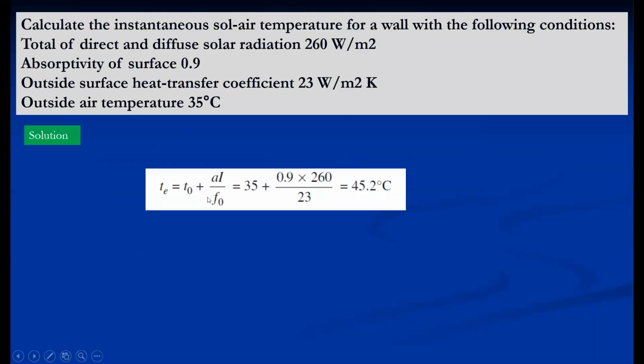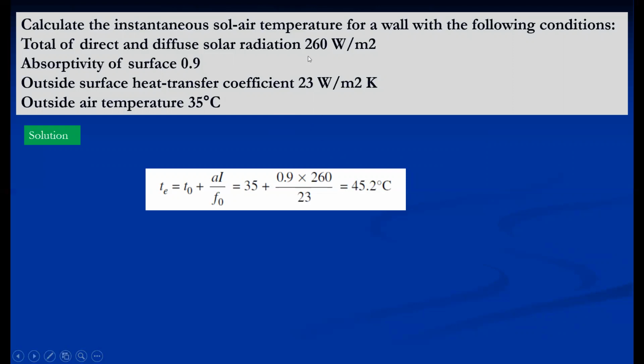How to calculate? We just take a simple problem. Calculate the instantaneous solar air temperature for a wall with the following conditions. The total direct and diffuse solar radiation is given, that is 260 watt per meter square. So the I value is given. Absorptivity of the surface is given. Outside surface heat transfer coefficient is given as 23.